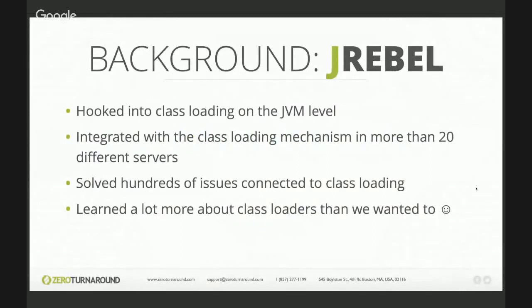A little bit of background as to why we're giving this talk. I work for ZeroTurnaround, and people probably recognize ZeroTurnaround from our product, JRebel. JRebel works at the class loader level, and we've had to do a lot of hacking on existing class loaders to understand how we can reload existing classes. We don't create new class loaders when we do this; we actually hack into existing class loaders.